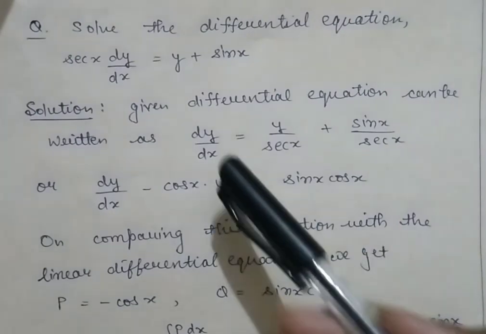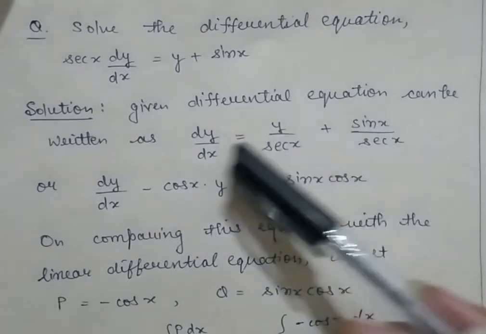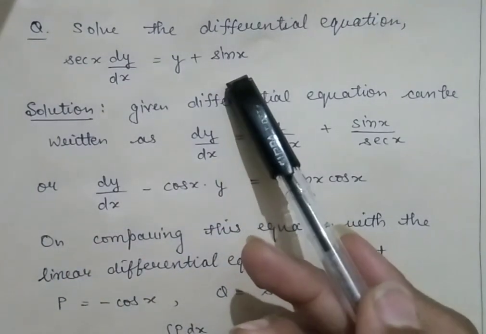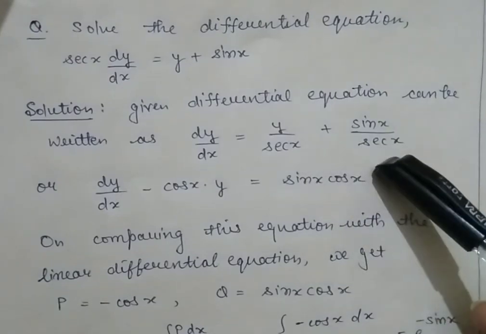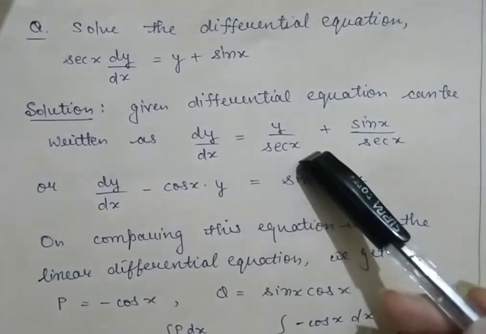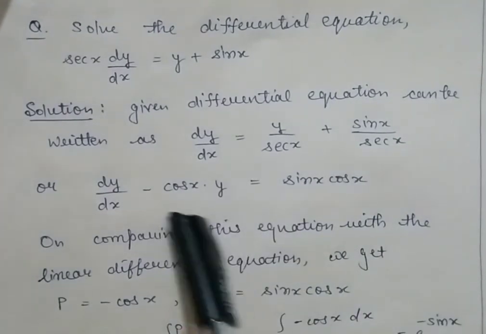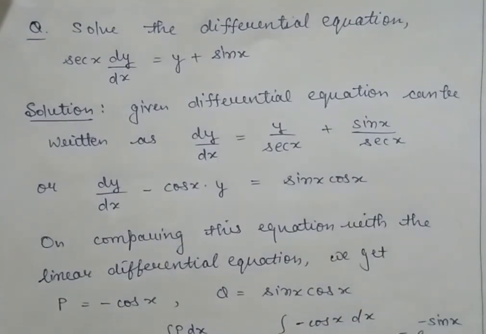So we will first write this differential equation in the form dy by dx equal to, we will take secant x on the right hand side. Then this is dy by dx equal to y upon secant x plus sin x upon secant x, or dy by dx equal to y cos x plus sin x cos x. So if I take it on the left hand side, this is dy by dx minus y cos x equal to sin x into cos x.